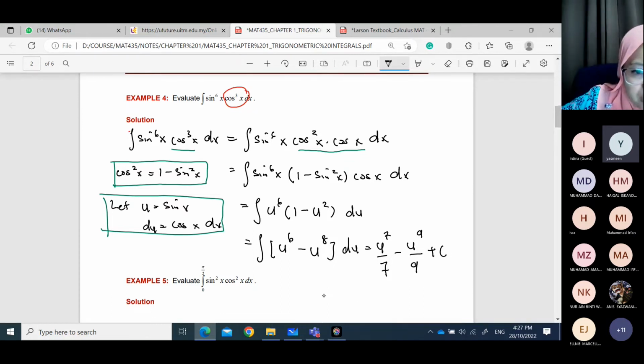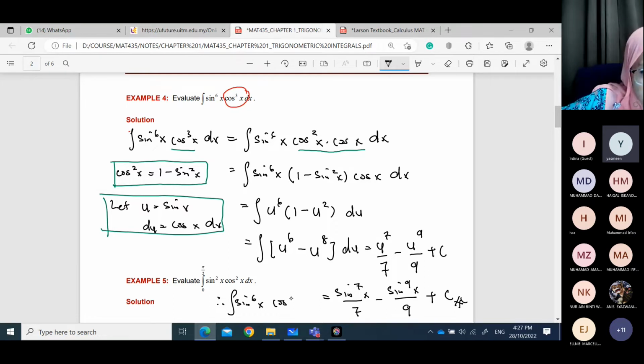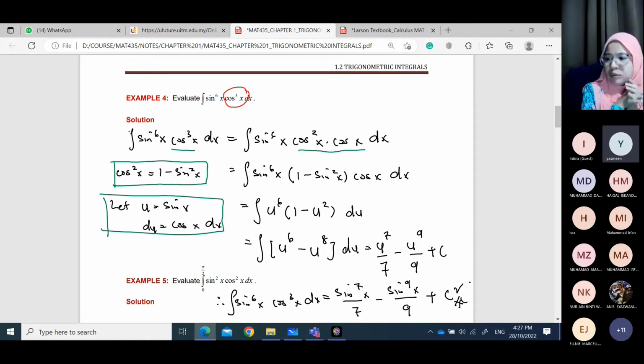Okay, so in x term, we will have sine to the power of 7x over 7 minus sine to the power of 9x over 9 plus c. Okay, so therefore, the integral of sine to the power of 6x times cosine cube x dx is equivalent with this one. Okay, boleh.